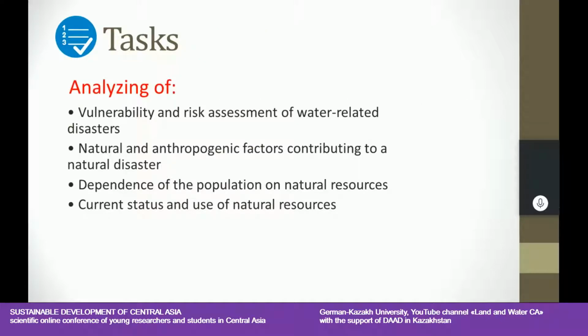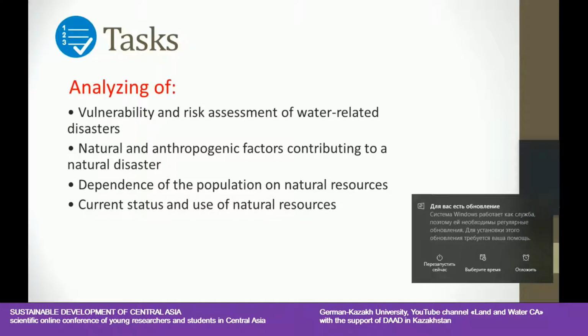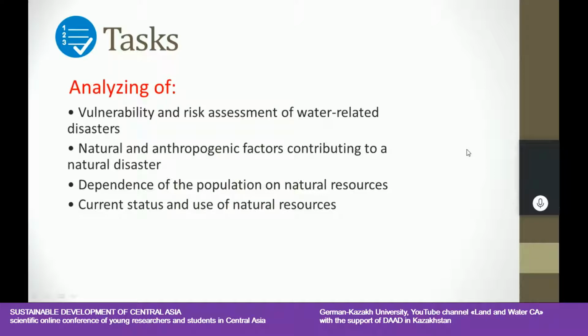Coming to the tasks, in order to reach this goal, we should analyze such tasks as the vulnerability and risk assessment of water-related disasters, natural and anthropogenic factors contributing to natural disaster, dependence of the population on natural resources, and current status and use of natural resources.